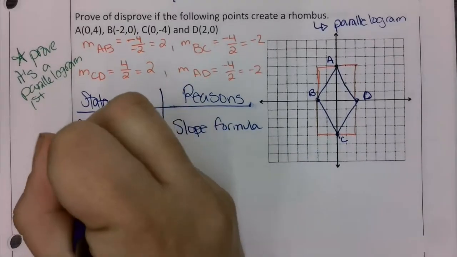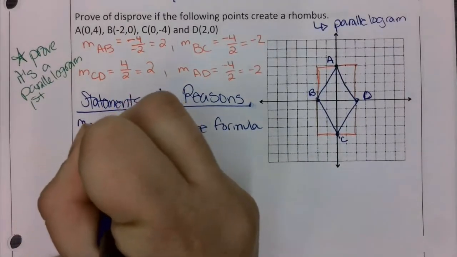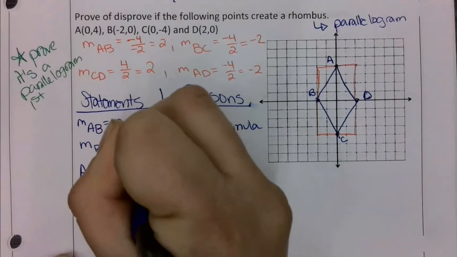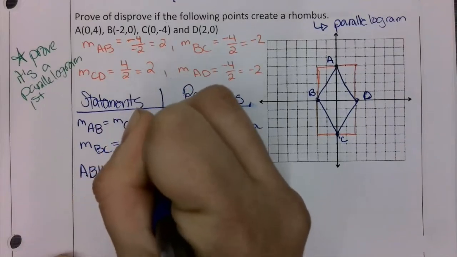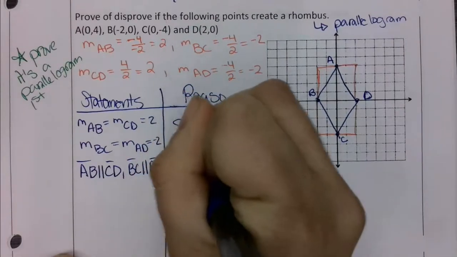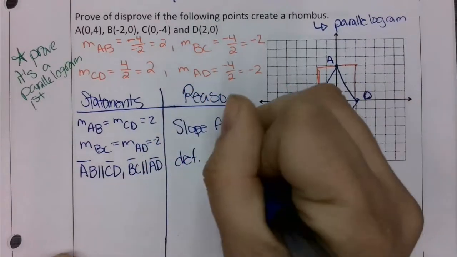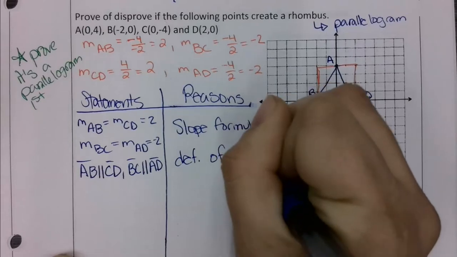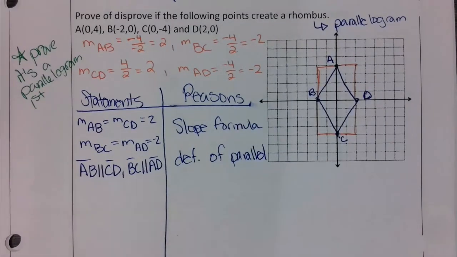So AB is parallel to CD, and BC is parallel to AD, by definition of parallelogram. I mean, a parallel. That'll still be wrong, I'll go back and fix that.